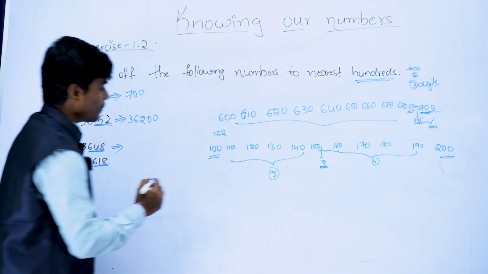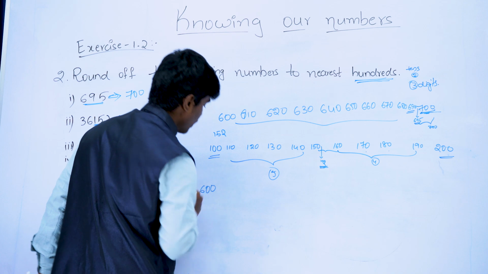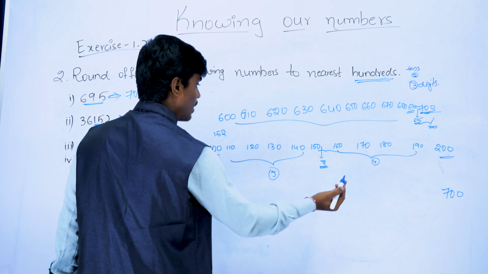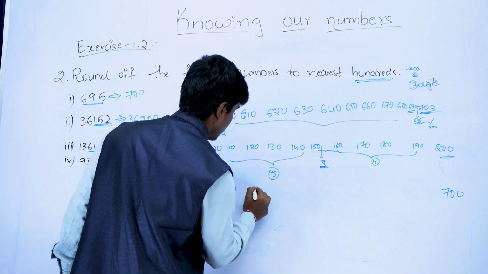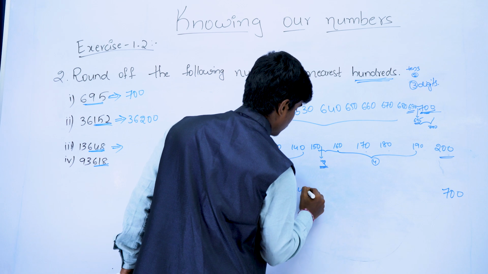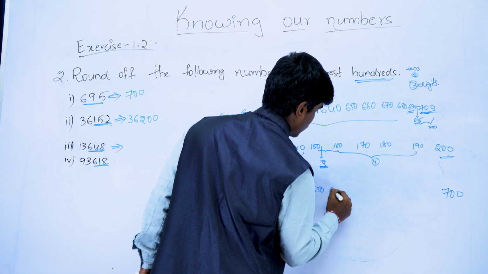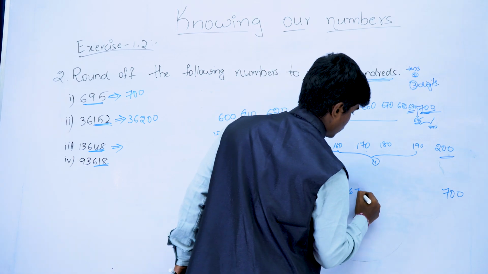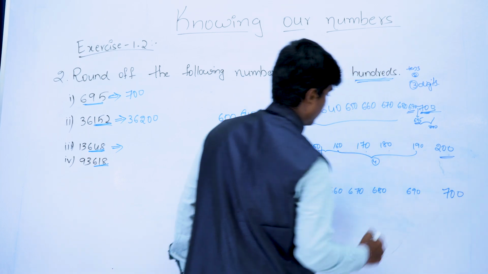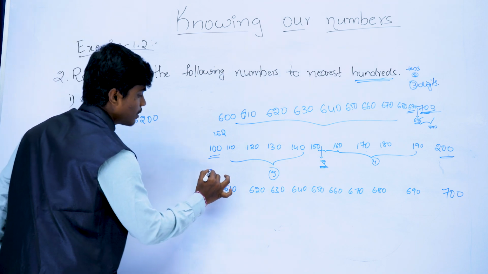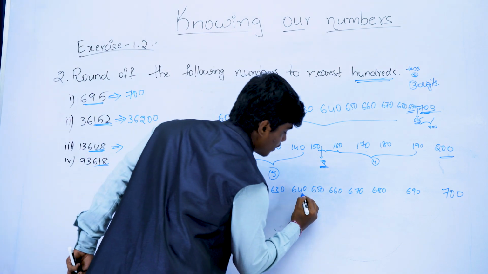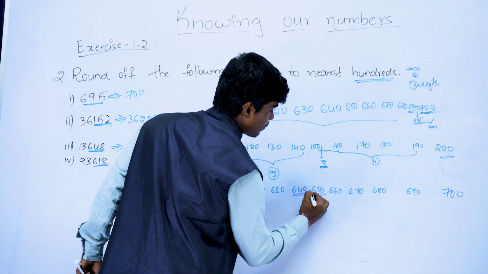Now third, 13,648. We have to take 3 digits, 648. It lies between 600 and 700. The between numbers are 610, 620, 630, 640, 650, 660, 670, 680 and 690. 648 lies between 640 and 650.